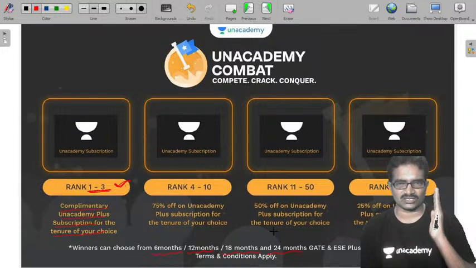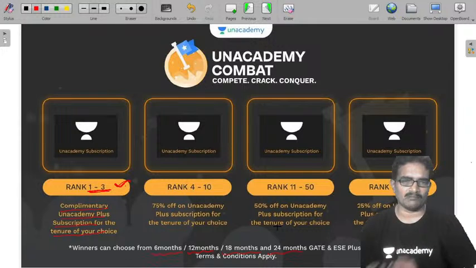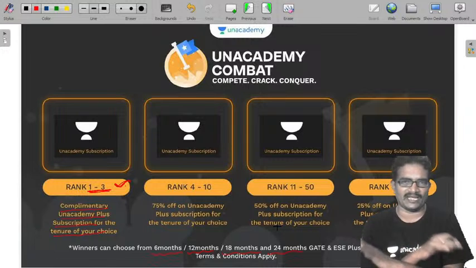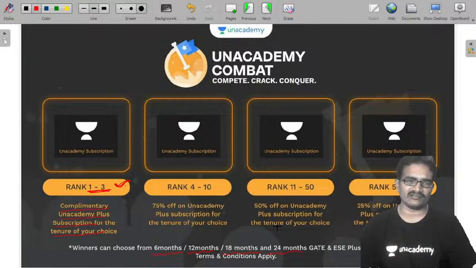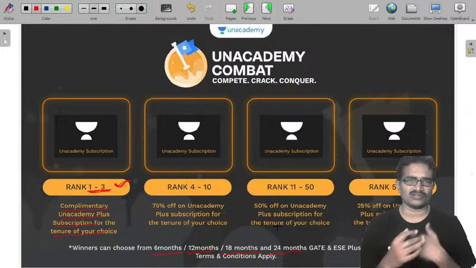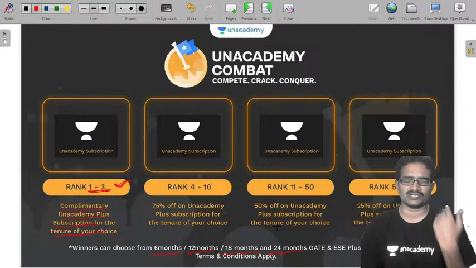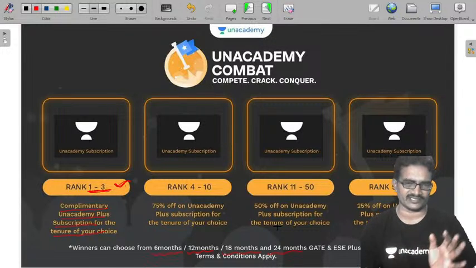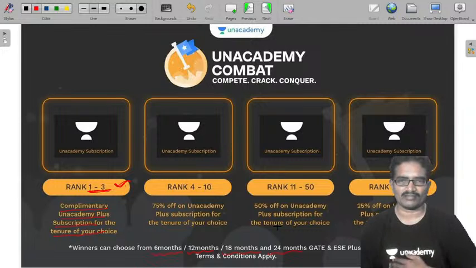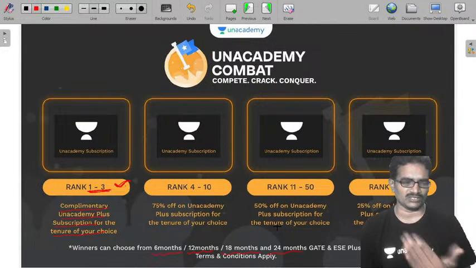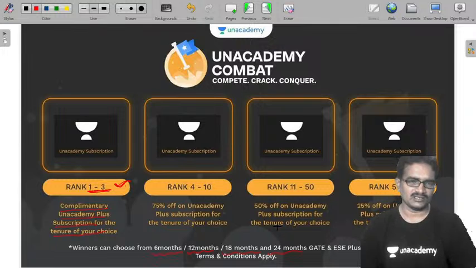If your rank is top 3, you get a complete 100% scholarship. No need to pay anything, simply attend the classes. My dear students, please don't miss this golden opportunity.